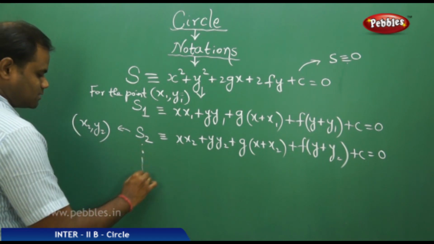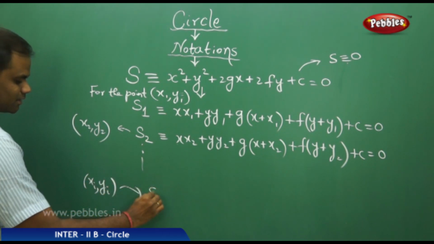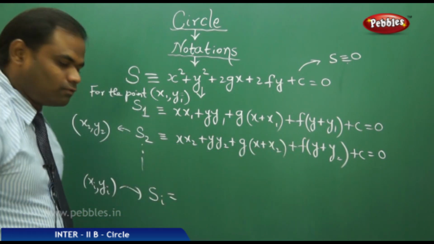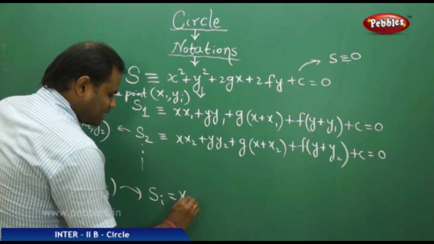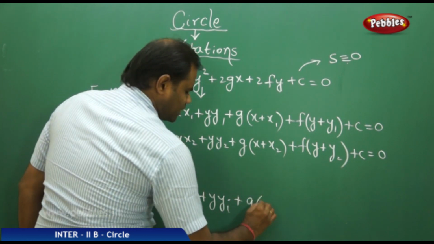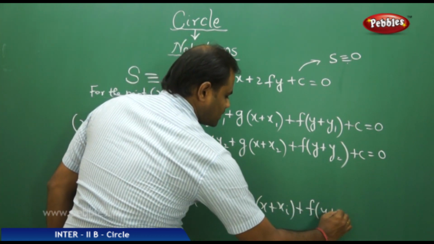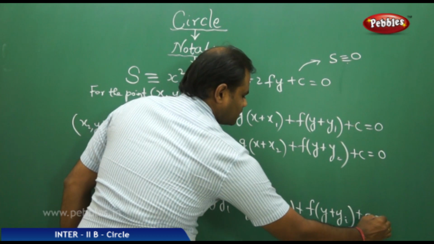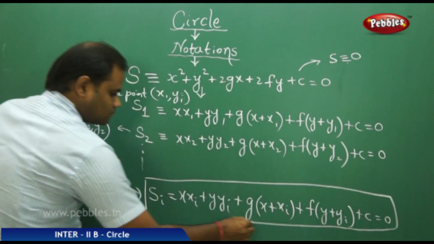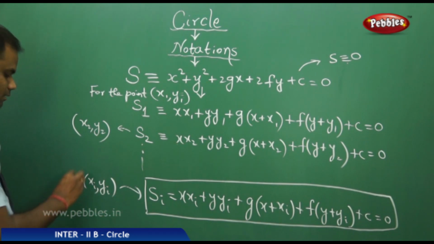Therefore, if I have a general point xi, yi, then my Si would simply be x xi plus y yi plus g times of (x plus xi) plus f times of (y plus yi) plus c equal to 0. This is how we represent it for the point xi, yi.